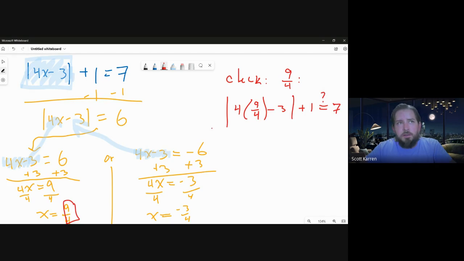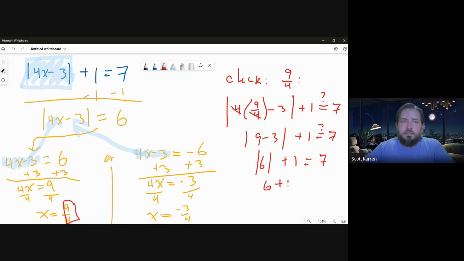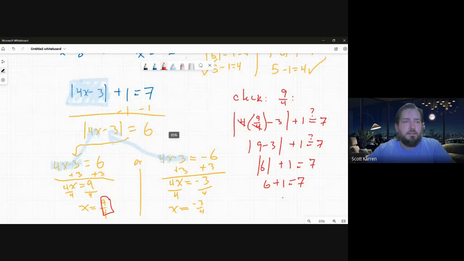Hope so. The 4 cancels with the 4 to give me the absolute value of 9 minus 3, and then plus 1, again, should equal 7. The 9 minus 3 is 6. And the absolute value of 6, of course, is 6. And 6 plus 1 is indeed 7.